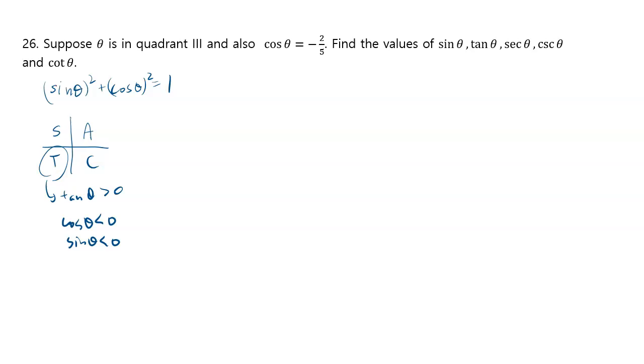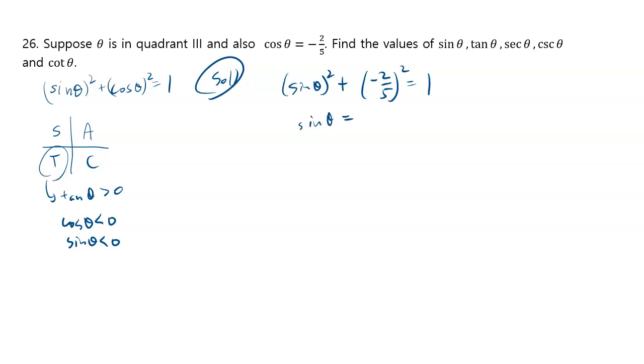So how do you solve this? Solution. You need to plug in this value in here. So sine theta squared plus negative 2 over 5 squared is equal to 1.